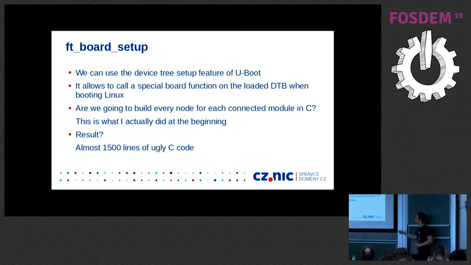And my code in ft_board_setup created all the nodes for all the connected modules. But the result was almost 1,500 lines of ugly C code. Ugly. If I wanted to check for every possible error, then it was ugly.